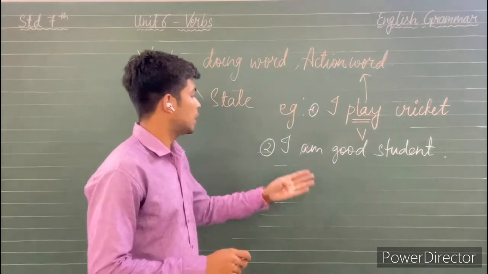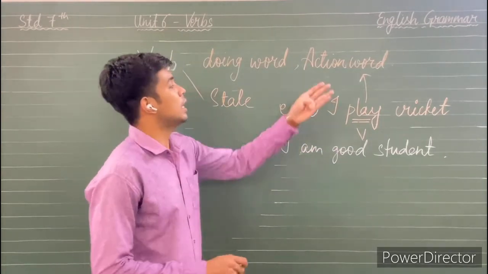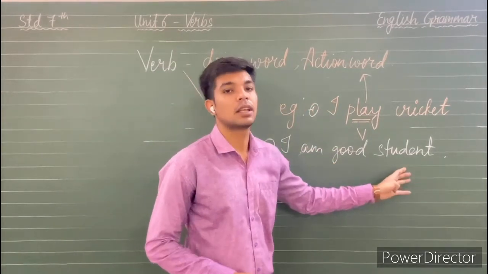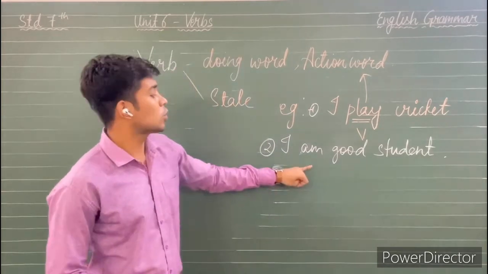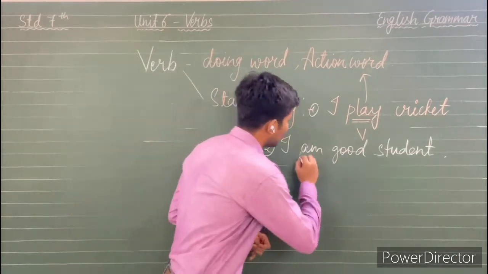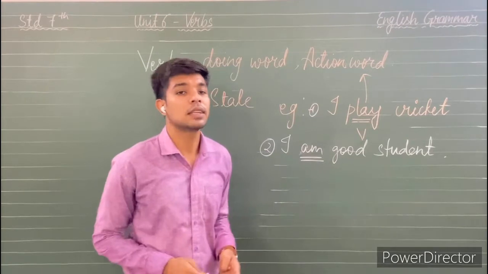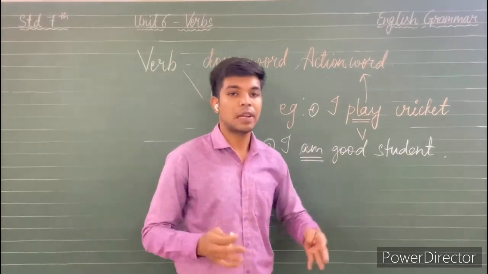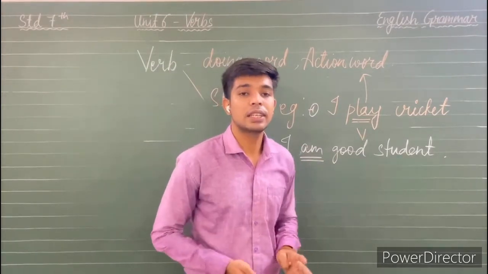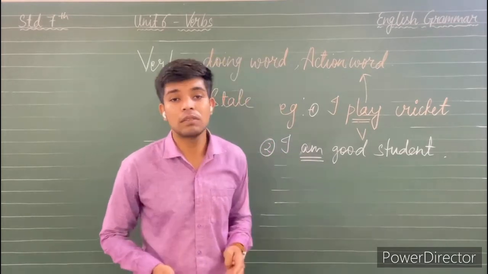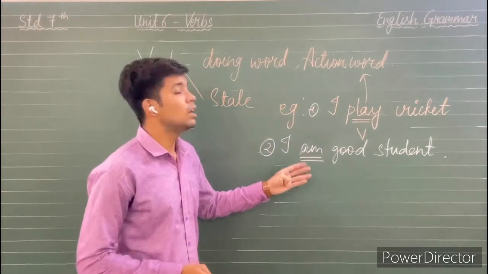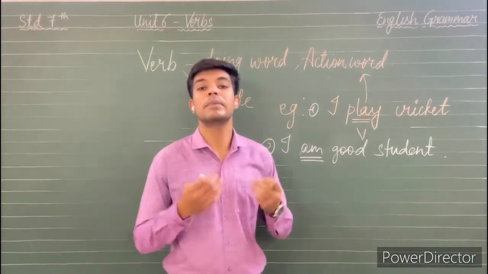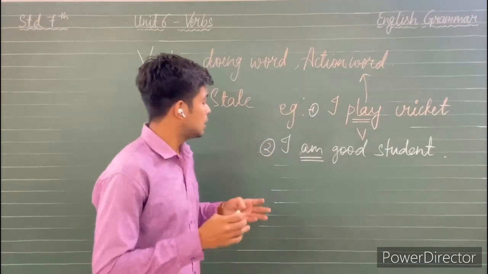Here we are not able to see any action word, but there is the verb am. In other sentences, am is known as a helping verb. But if the sentence does not have a main verb, am will work as the main verb of the sentence.